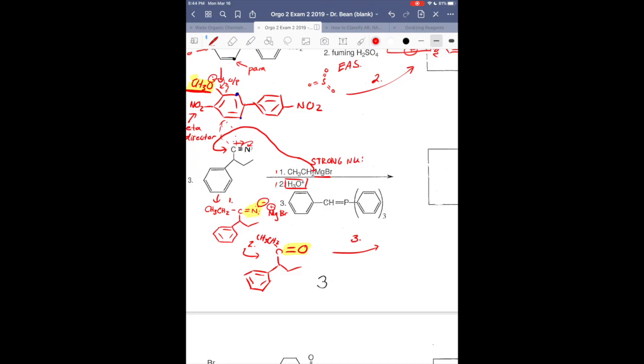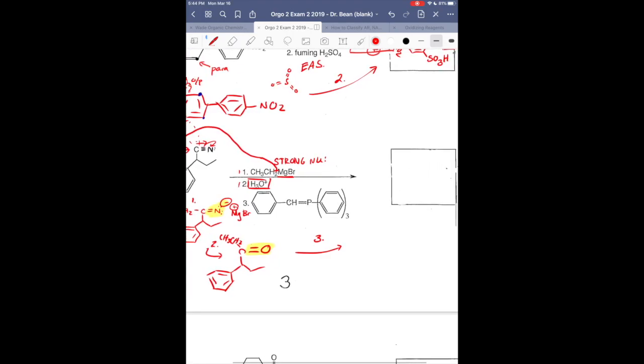And then for step 3, we have this really weird looking reagent. It's bulky. It has these 3 benzene rings. Oh my gosh, 3 benzene rings attached to it. And a double bond.